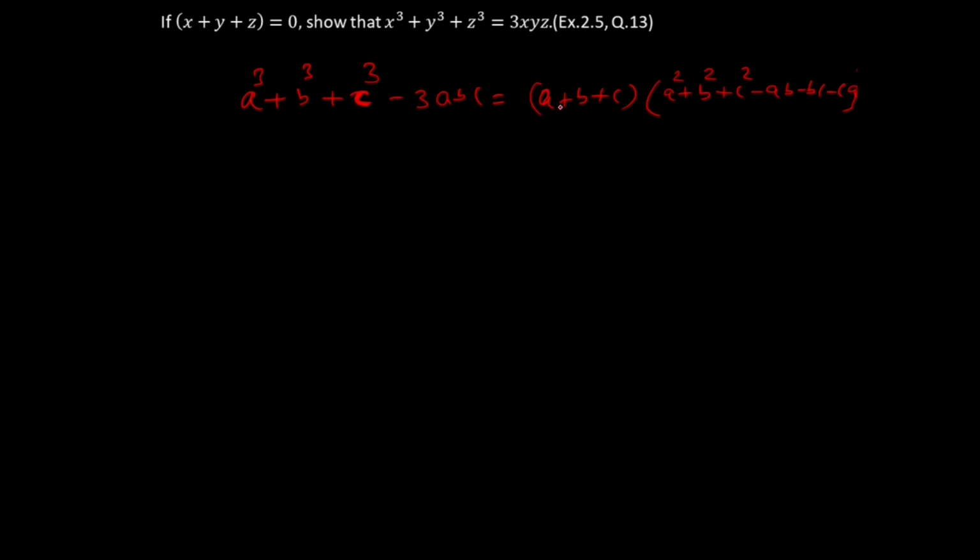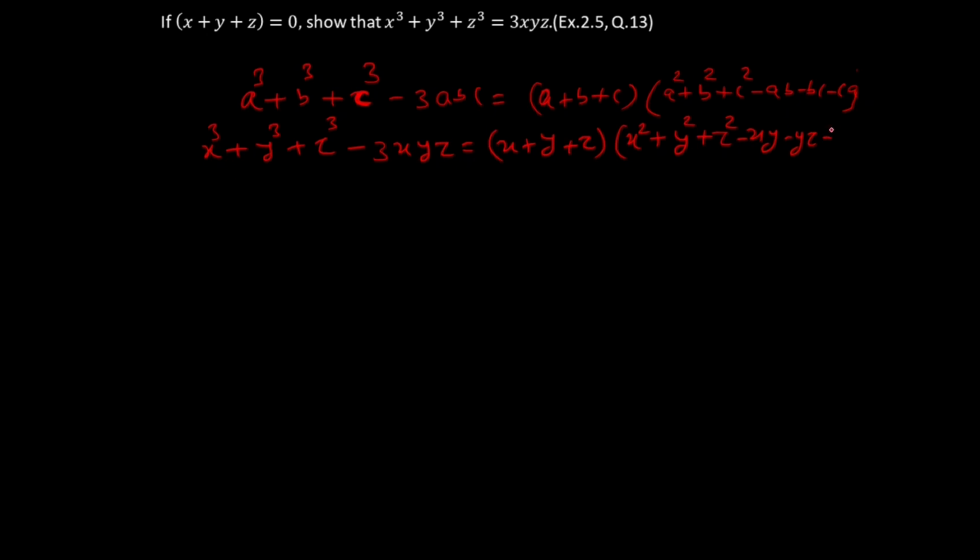This is the identity. Now if I replace A by X, B by Y and C by Z, what will I be getting? x cube plus y cube plus z cube minus 3 times XYZ is nothing but x plus y plus z times x square plus y square plus z square minus xy minus yz minus zx. Now what we are given in the question, x plus y plus z equal to 0.